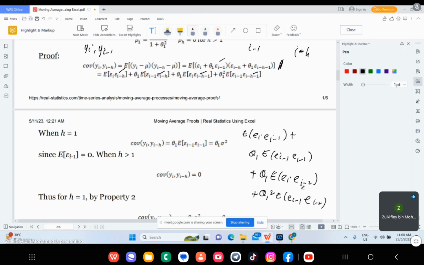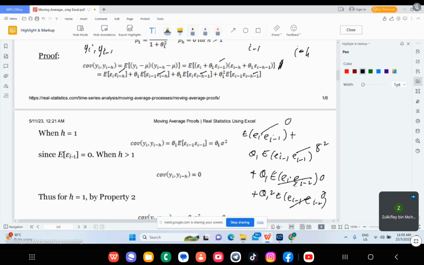Epsilon i and epsilon i minus 2, this becomes 0. And this thing becomes 0. And epsilon i and epsilon i minus 1, this one becomes sigma. This also becomes 0. And epsilon i minus 1 and epsilon i minus 1 becomes sigma squared. This is by definition. Expectation of epsilon i and epsilon i minus 1 is equal to 0.